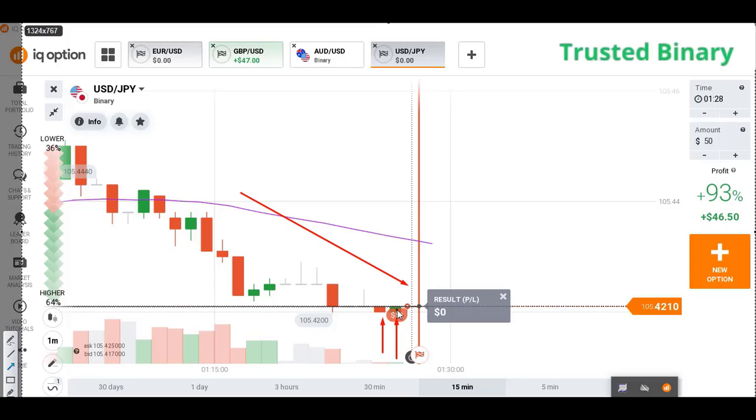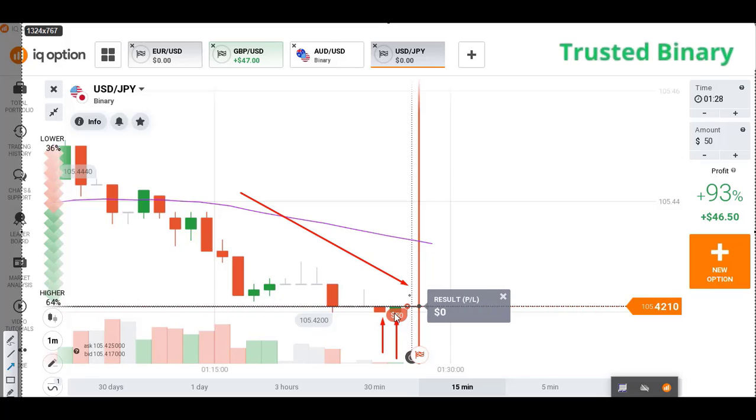After this type of two candles with the same size volume, we have to follow the major trend, or we have to follow the minor trend. That's why I placed my trade in the lower direction, and this is my ATM. No winning trade, no losing trade.